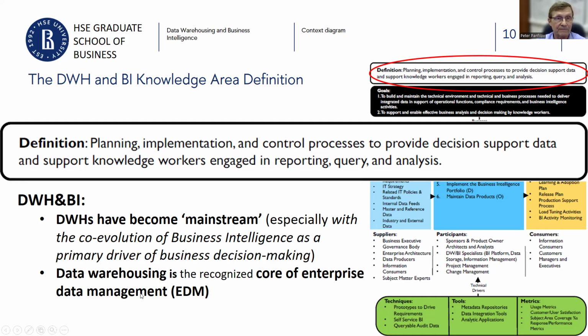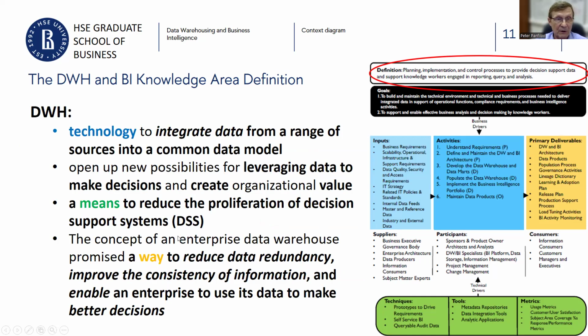And this is the core of enterprise data management. What is also interesting about data warehousing, of course, is that this is a technology. We consider it not just an organization of data into a special form, into a special database or whatever. No, it is a data integration technology, and it is also considered a means to reduce the use of decision support systems.